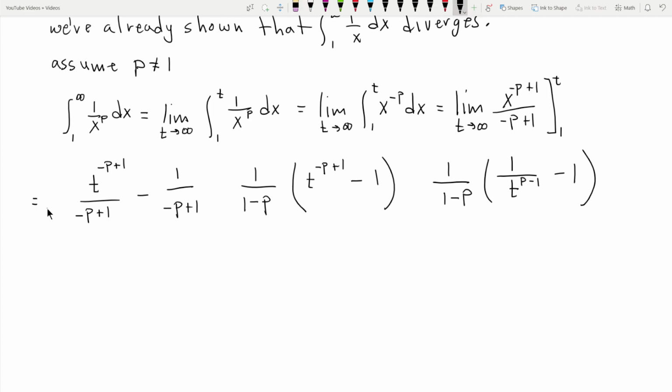I want the limit as t goes to infinity. That's a perfectly acceptable shorthand for the limit as t goes to infinity if you get tired of writing it, or you forget to put it in and need to squeeze it into a small space.